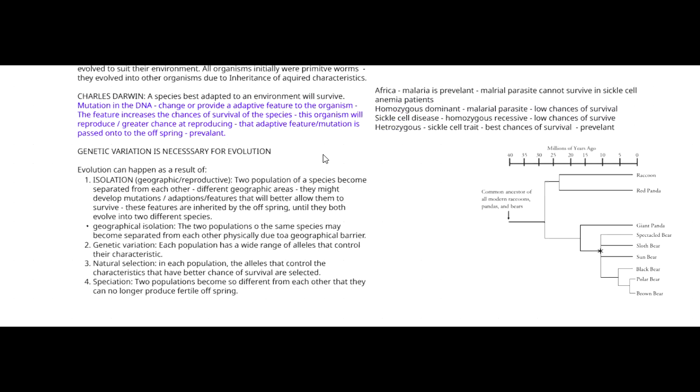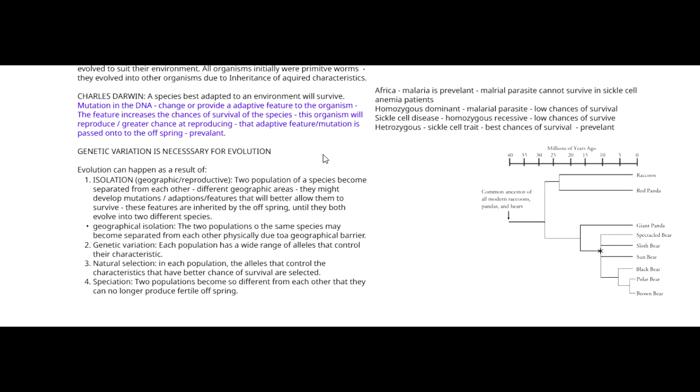Since those animals were geographically isolated, they were unable to travel to any of the other continents, because Australia had completely detached from the other land masses.